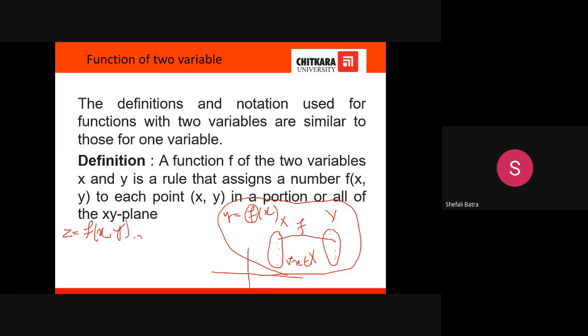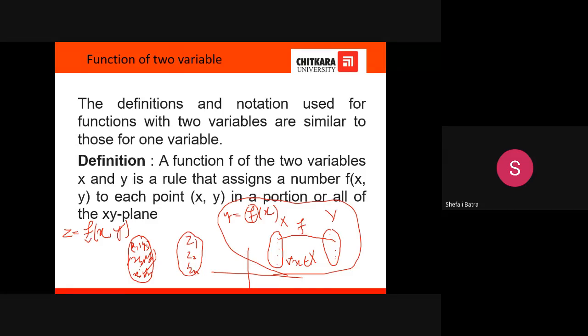In this, your input would be what? Pairs: x1, y1, then x2, y2, likewise xn, yn. And this is a set having values z1, z2, and so on up to zn.